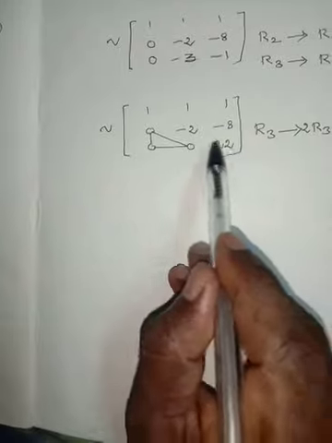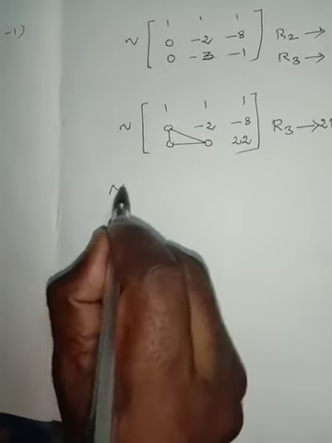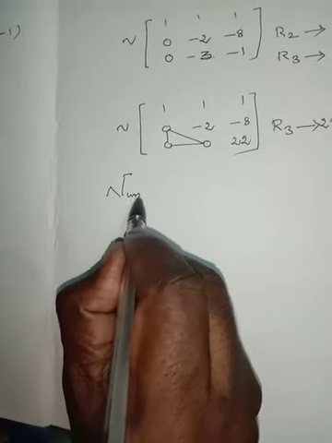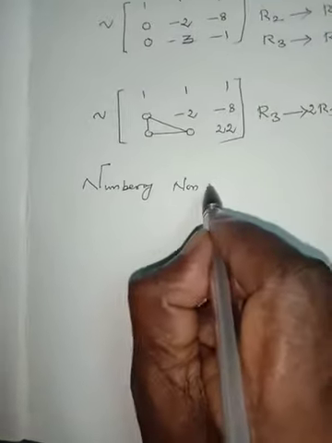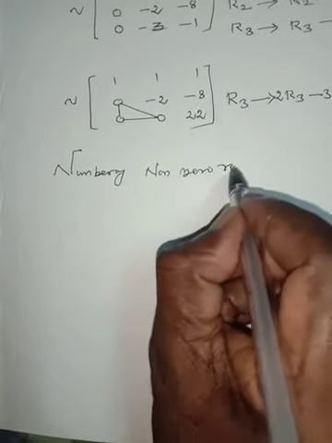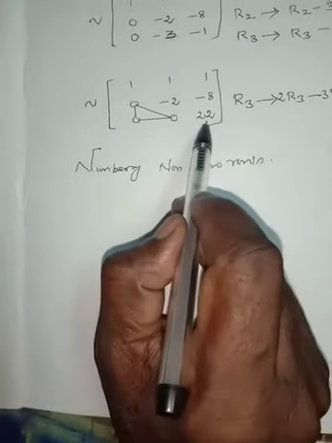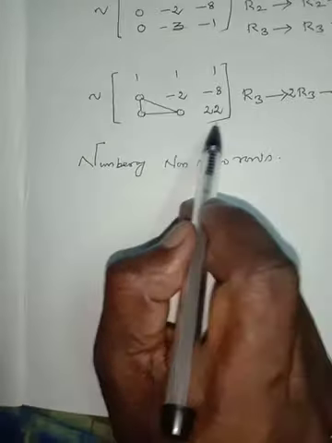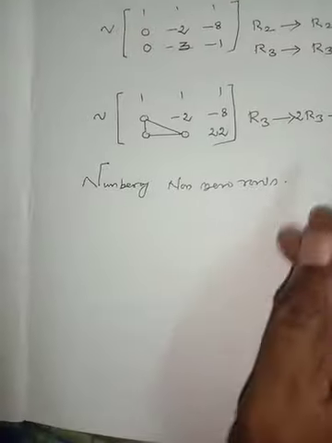Therefore, we cannot eliminate this 22. So, the number of non-zero rows: the first row is a non-zero row, the second row is a non-zero row, the third row is a non-zero row. The reason is, at least one index is not equal to 0, so it is a non-zero row. So the number of non-zero rows is 3.